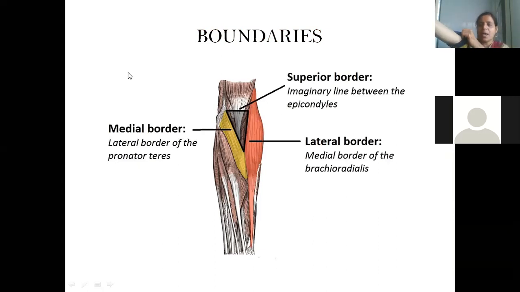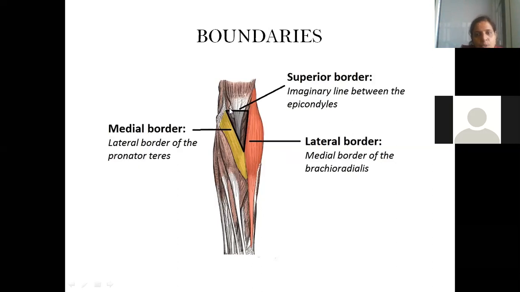Suppose it is my hand, this is medial and the thumb is towards lateral. So medially we have pronator teres, laterally we have brachioradialis.